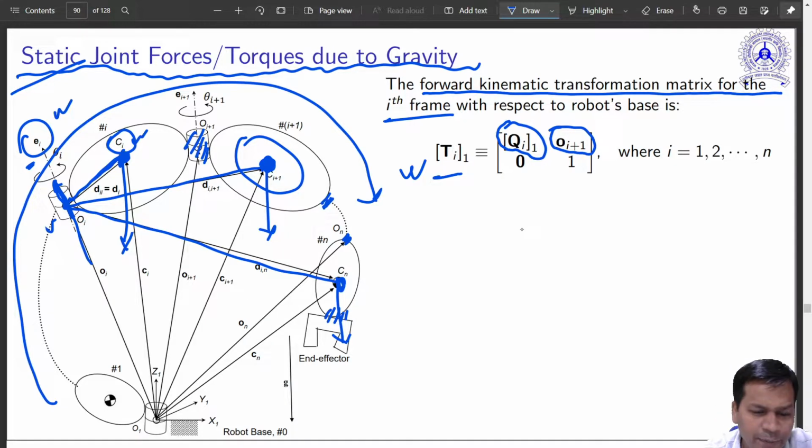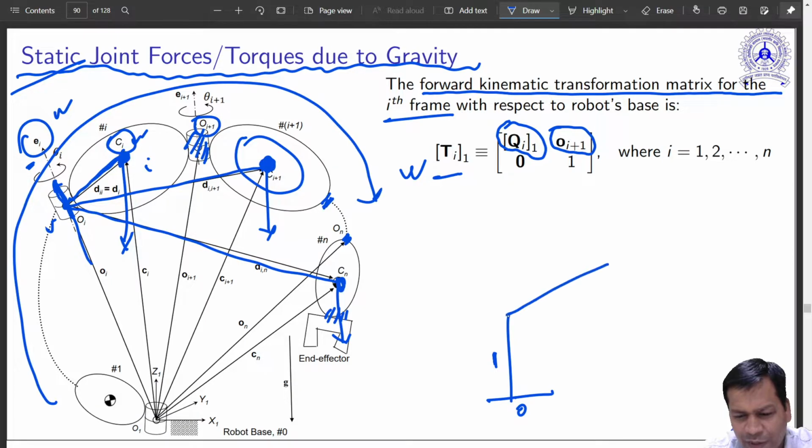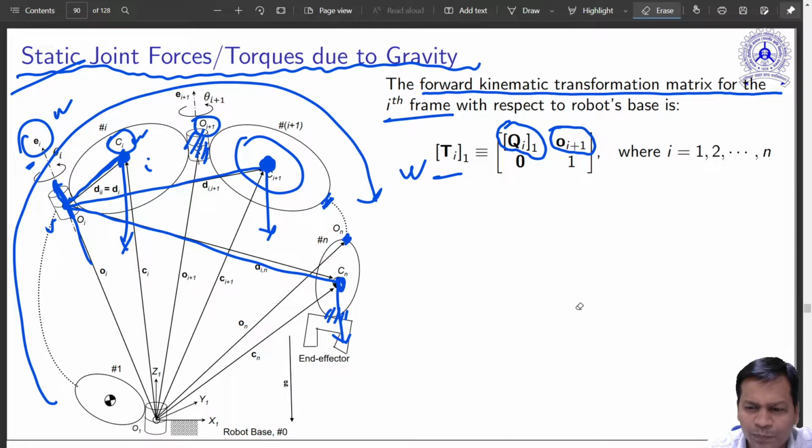Why not O_i? The frame which is attached to link i is O_(i+1), if you remember that. You have the ground frame, the zeroth frame, then link 1. Link 1 has frame 1 attached, link 2 has the next frame, and so on and so forth, if you remember that. That is what is followed here also. So this is O_(i+1).